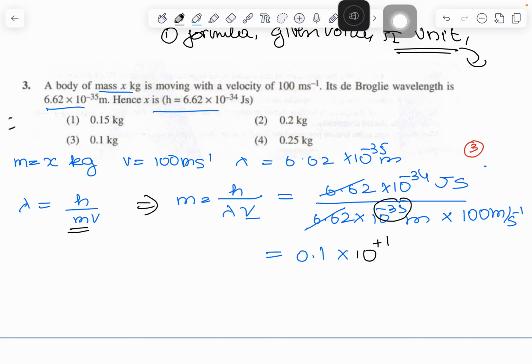After that it will be joule second meter square second inverse.